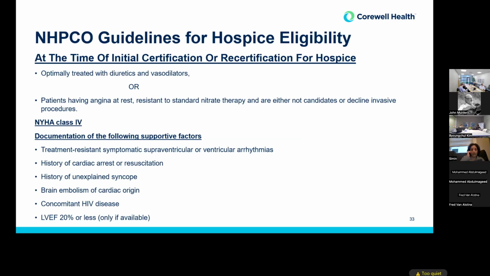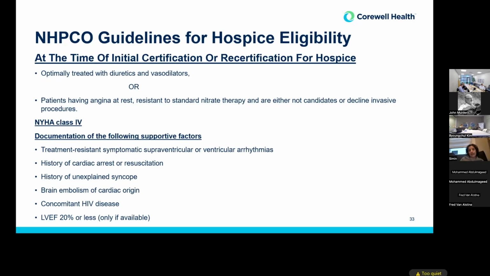So class 4. And some of the documentation that is supportive to that is any type of supraventricular or ventricular arrhythmias that are treatment resistant, having a history of cardiac arrest, any unexplained syncope, any type of embolized stroke, that sort of thing, comorbid HIV, or an LVEF of 20 or less.